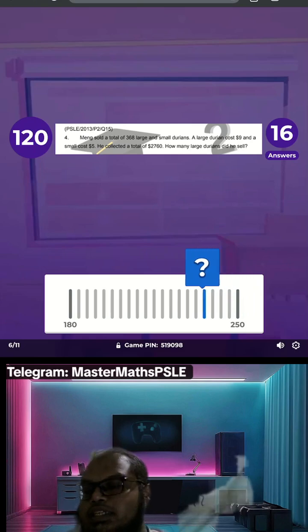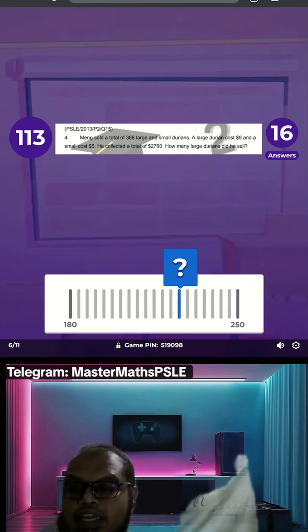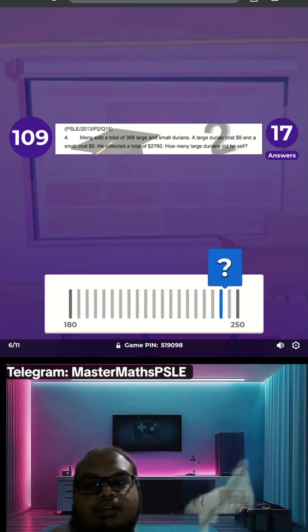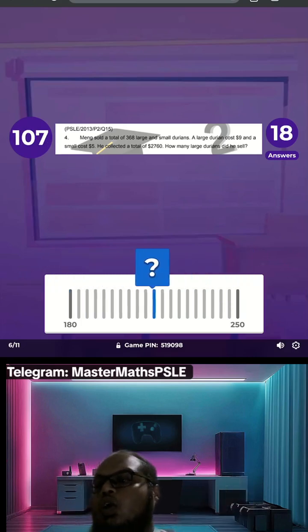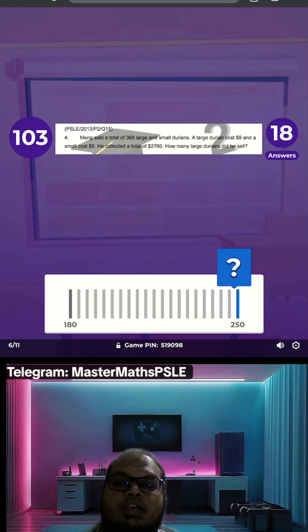If your answer is not between 180 to 250, probably you're wrong. So check your workings again. You can either use guess and check for this, or you can use the assumption method. At the end later I'll go through the assumption method.